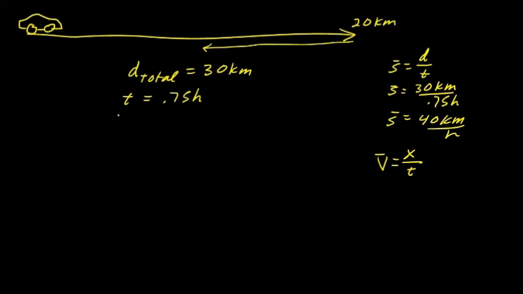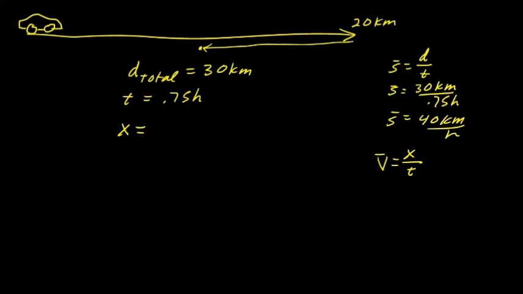What is the displacement of this car? Well, remember the definition for displacement. The definition for displacement was the straight line distance and direction between the starting and ending points. Another way to say that is displacement is how far the object, in this case the car, is displaced from its origin. So the car drove out here 20 kilometers and came back halfway and stopped right there.